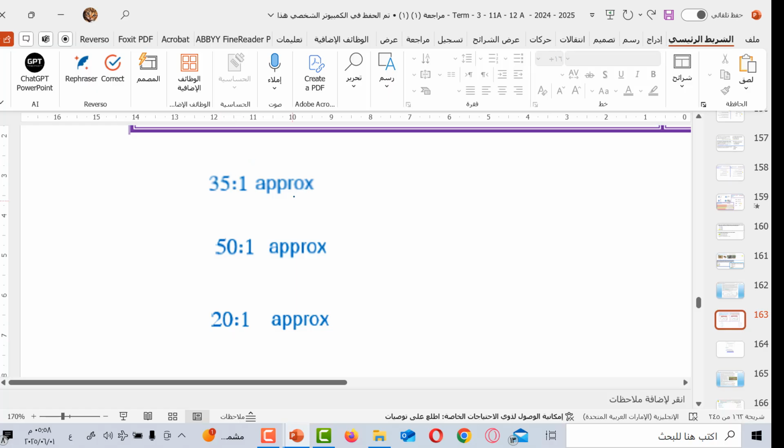The ratio is approximately 1 to 35. Let me tell you how I made it. Okay, I write before everything: this is M, and this is wolf, W. 40 here and 1,300.